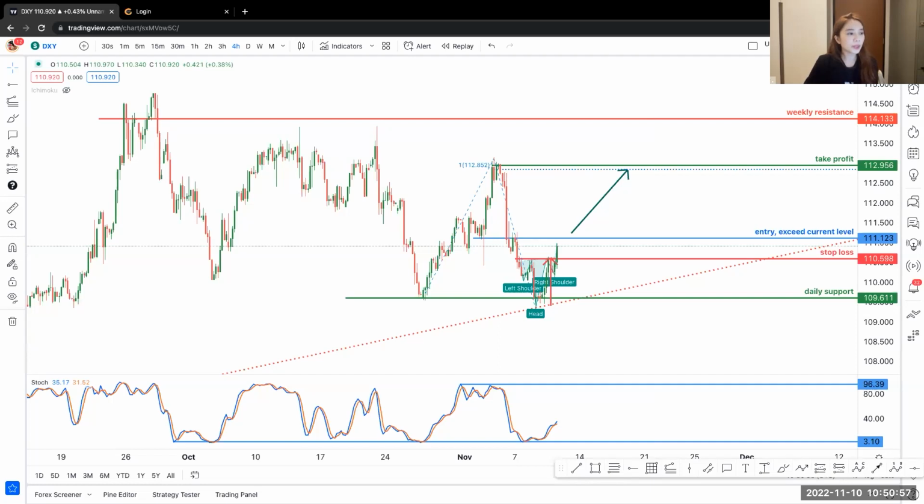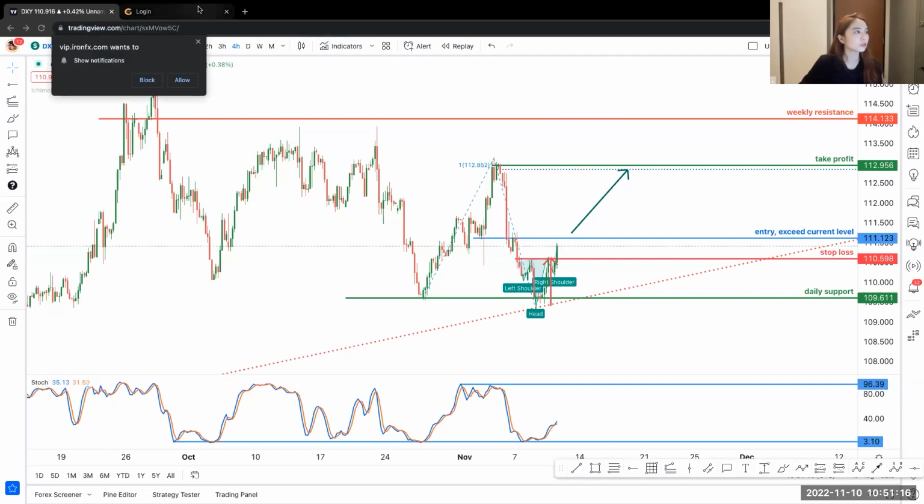Are we looking at any other pairs? Just one last one. If not, we'll also take a look at the VIP room, which is over here.